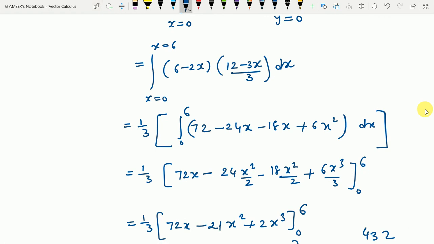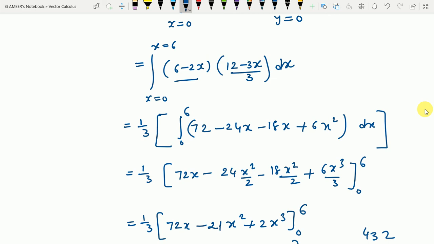Here 6 minus 2x will be here. 12 minus 3x by 3, I am taking 1/3 completely outside. 12 into 6, 72. So 3 into 6, 18x.